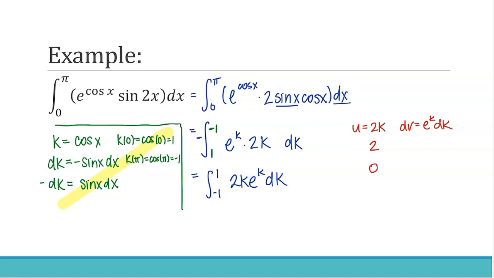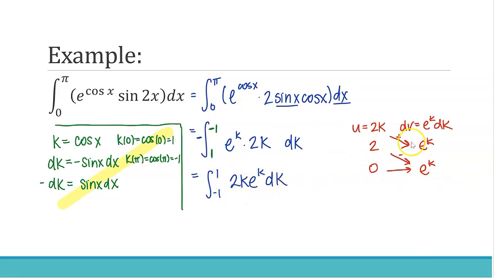And the antiderivative of e to the k is e to the k. And the antiderivative again is e to the k. So if we do this tabular method here, this is plus, this is minus. Technically, we can always think about the last one being horizontal, but 0 times anything is 0, so that's why we really don't have to in this case. Right?